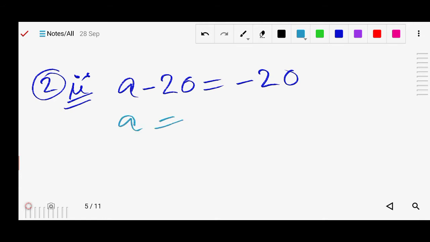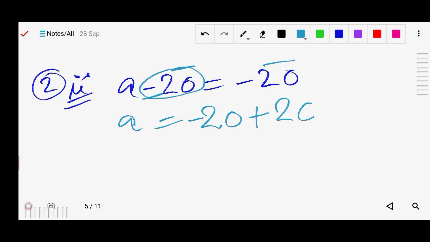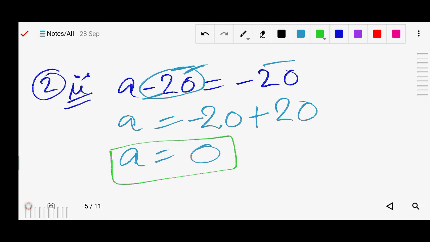Here is the minus 20, and this minus 20 will go to the other side, so it will be plus 20. Now a equals minus 20 plus 20, which is 0, so the answer is 0, because 20 minus 20 is 0.